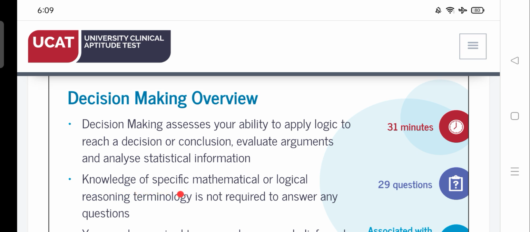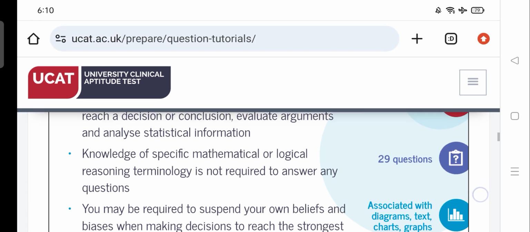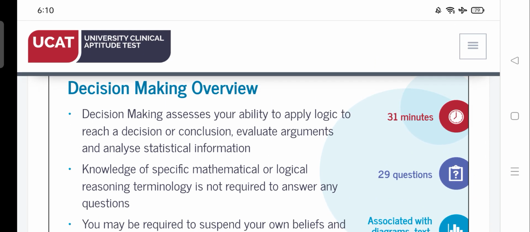Knowledge of specific mathematical or logical reasoning terminology is not required to answer any questions. You may be required to suspend your own beliefs and biases when making decisions to reach the strongest conclusion. So here we have our decision making overview.